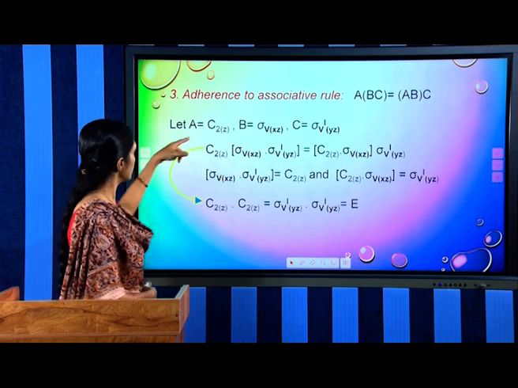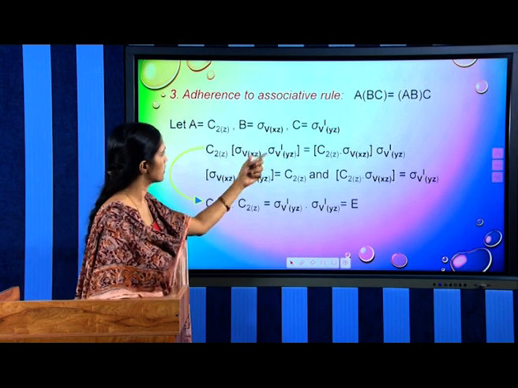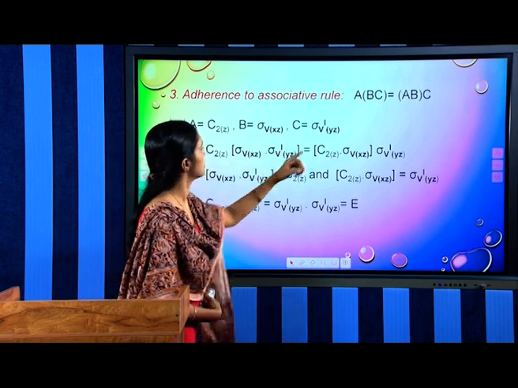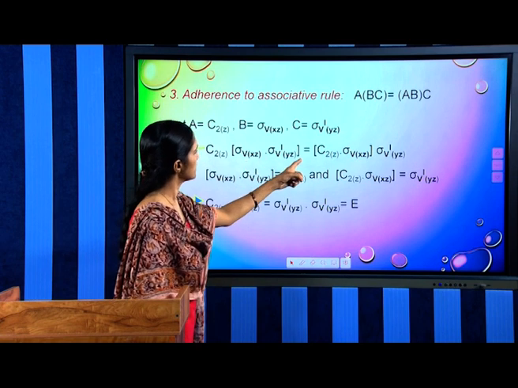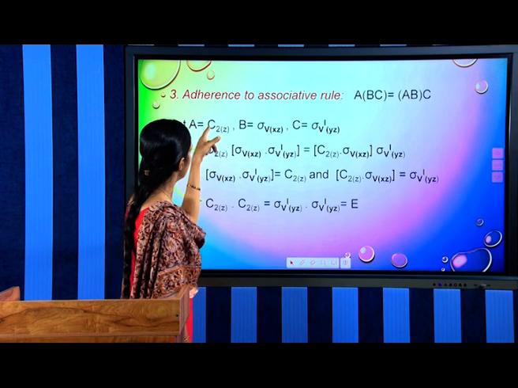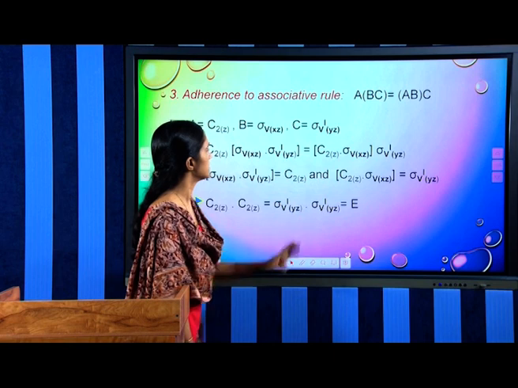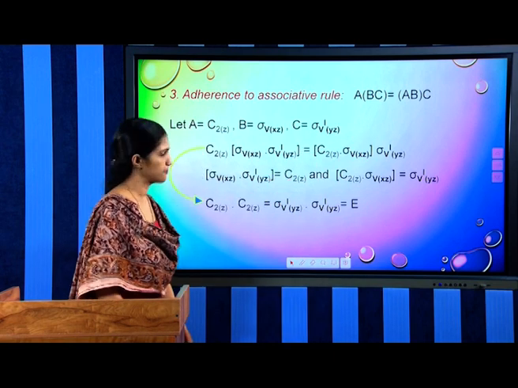So, A is C2z. C2z into BC means what? Sigma v x z into sigma v dash y z, that will be equal to what? AB into C. So, AB is what? C2z into sigma v x z, that into C, that is sigma v dash y z.